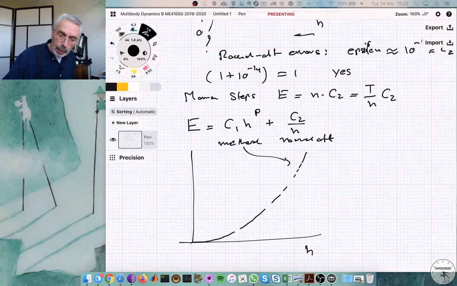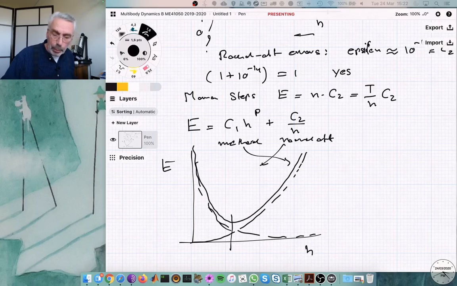The other one is the round-off error, which is almost nothing here, but which is exploding here. It's the sum of the two, so finally your result is something like this. You probably will not go beyond this, because if you take smaller step sizes, your error will explode again. So this is the best you can do.